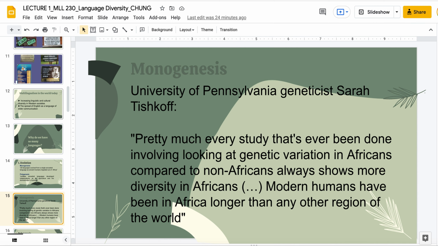Modern humans have been in Africa longer than any other region in the world. So they're able to look at the genetics and say, okay, we all basically are from the same genetic code, and it looks like the genetic variation in Africa is the source of this code.